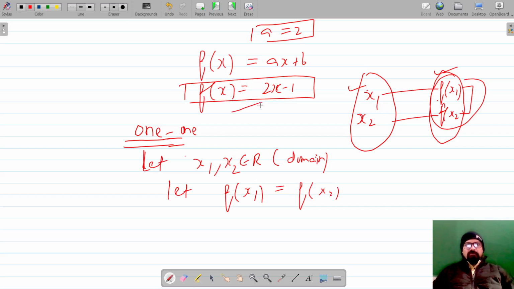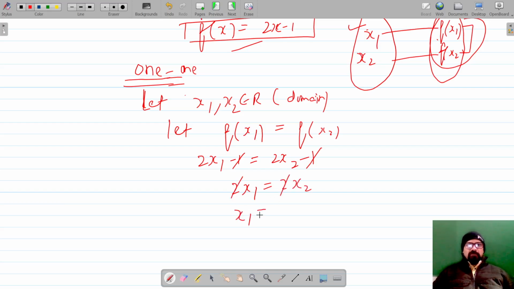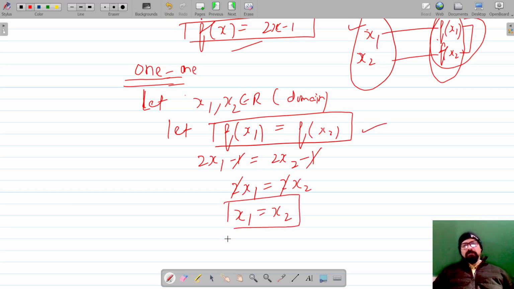So f of x1 would be 2x1 minus 1, f of x2 would be 2x2 minus 1. Now the minus 1 gets cancelled and we are left with 2x1 is equal to 2x2. So 2 and 2 get cancelled. So x1 is equal to x2.